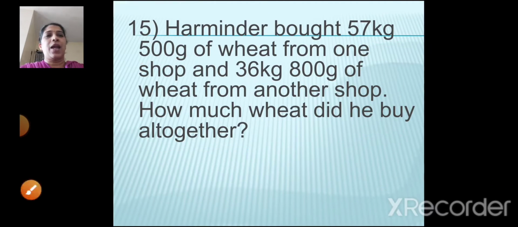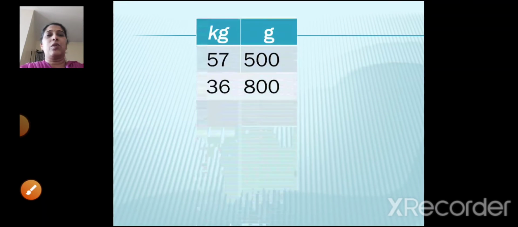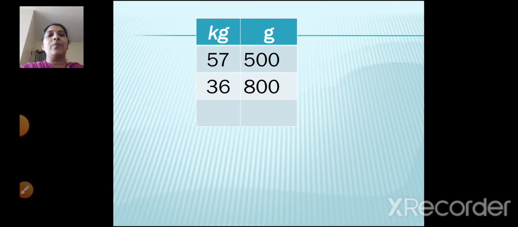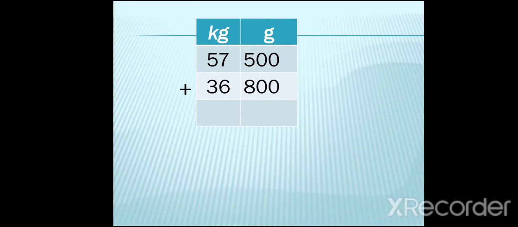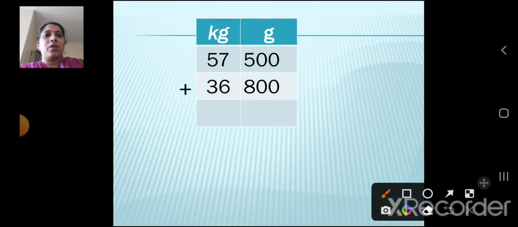So we will make again two columns, kg and gram. So 57 kg and 500 gram we have arranged as per their columns. And from the another shop he had bought 36 kg 800 gram. So that also we have arranged as per the columns. So now we will add them. 0 plus 0 is 0. 0 plus 0 is 0. 5 plus 8 is 13.